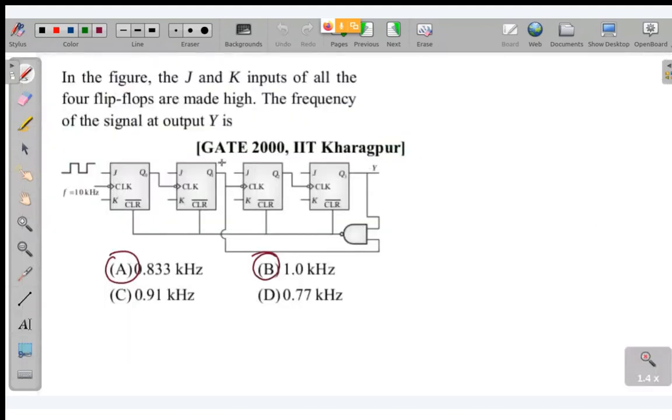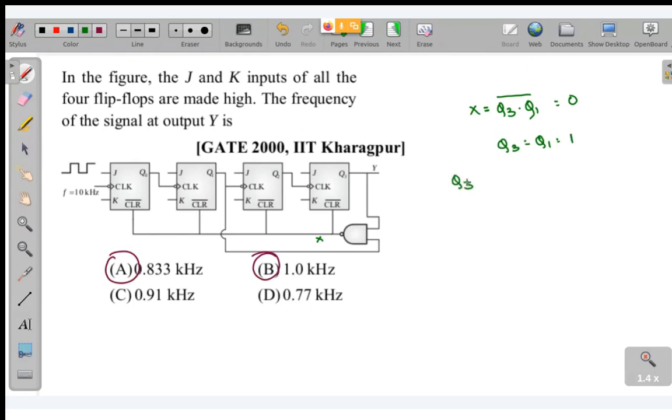Now look over here. You can see there is a clear input applied, and if I assume the output of this clear as x, then x is equal to the complement of Q3 dot Q1. So this will become 0 when Q3 is equal to Q1 is equal to 1.